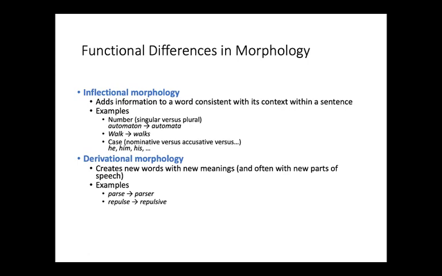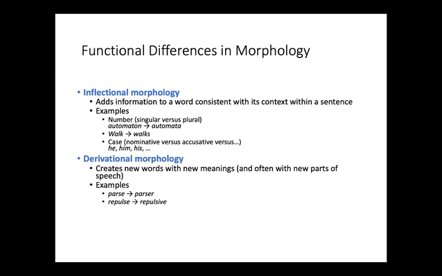But perhaps more importantly, there are functional differences in kinds of morphology. There's a difference between what's called inflection and what's called derivation. Inflection just gives you different forms of the same word based on the context where the word occurs.